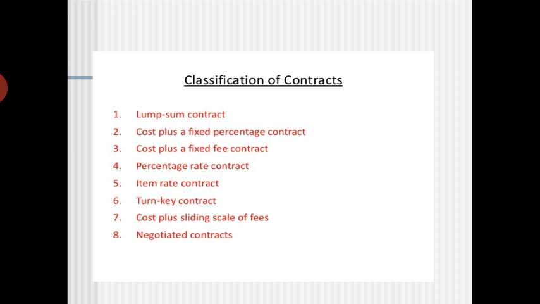These are the different types of contracts available based on the purpose where it has to be served, based on the application where you are going to make it, and based on the type of the contractor who is applying. Considering the nature of the work, these are the classification of the contracts.